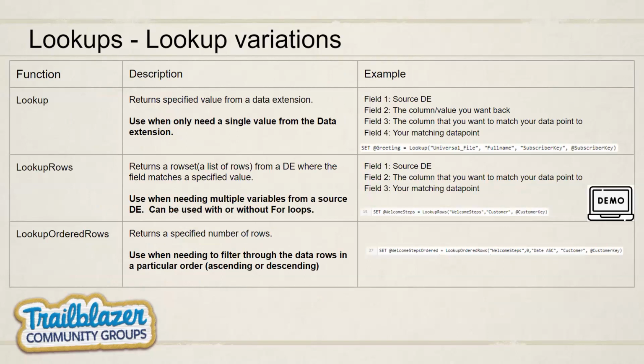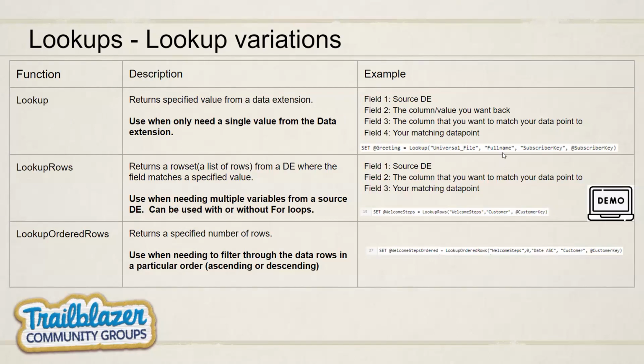Taking a look at lookups, this is a commonly used function within the data extension functions. You use it to look up another data source to provide different values. The first example is lookup. If you're looking to return a specific value from another data extension, you can use lookup. Here's the syntax. There are four fields. The first is the data extension where you're doing the lookup.